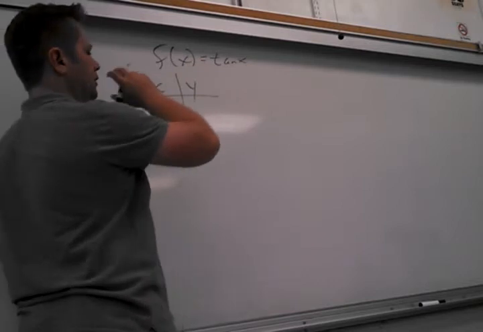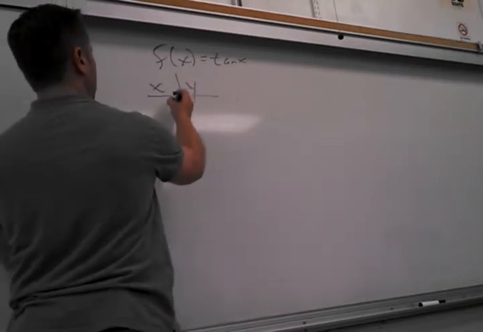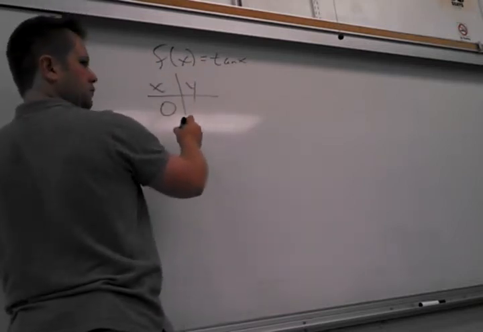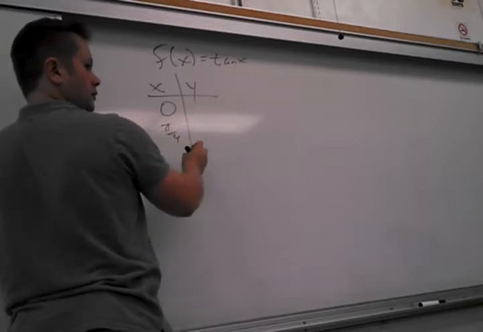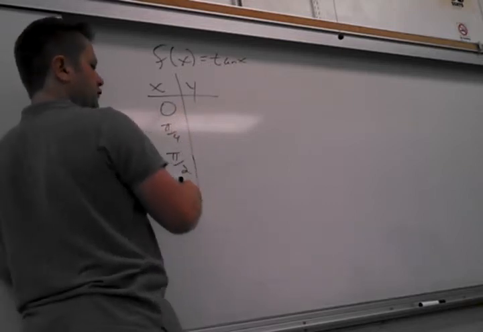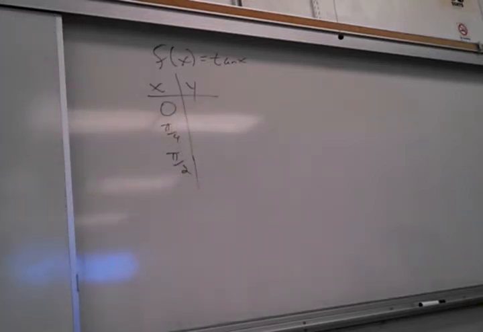Let's just look at some really major values here. 0, pi over 4, pi over 2. Let's get a feel for what's going on. What's tangent of 0? 0, because it's sine over cosine.